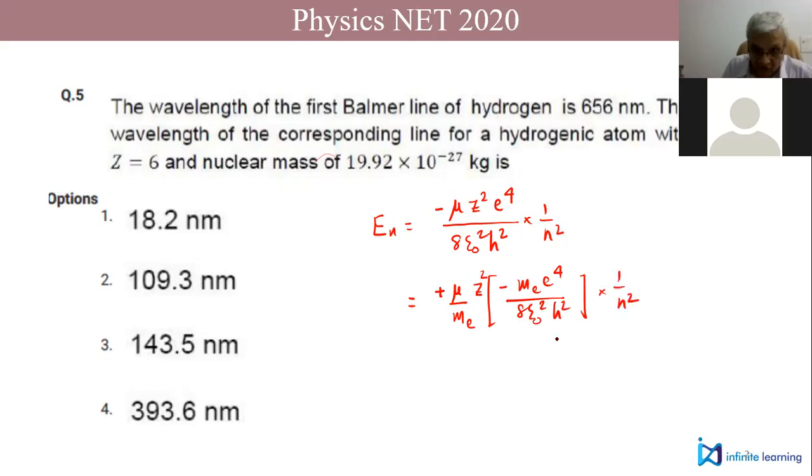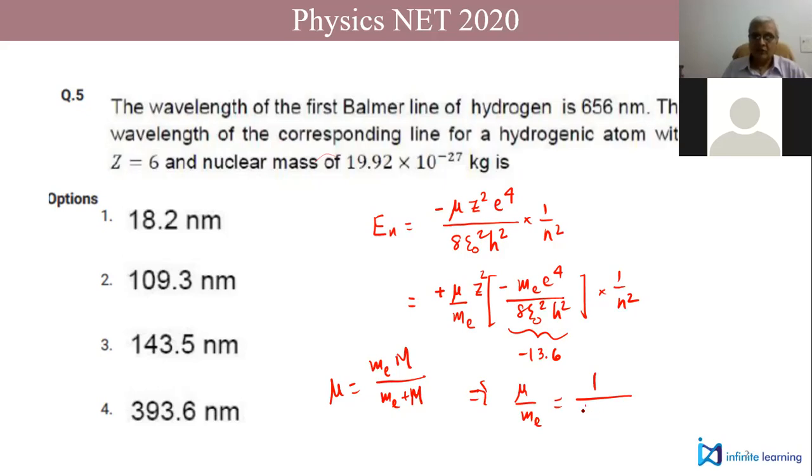And if you know, this is minus 13.6. Mu is the reduced mass of the electron and nucleus. Therefore, mu upon electron mass will become 1 upon m_e upon M plus 1.